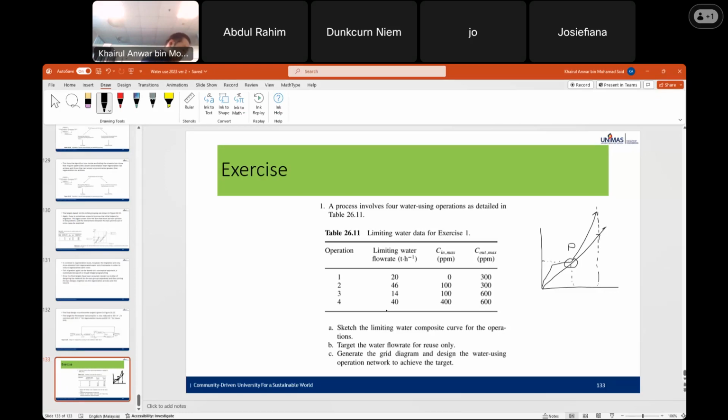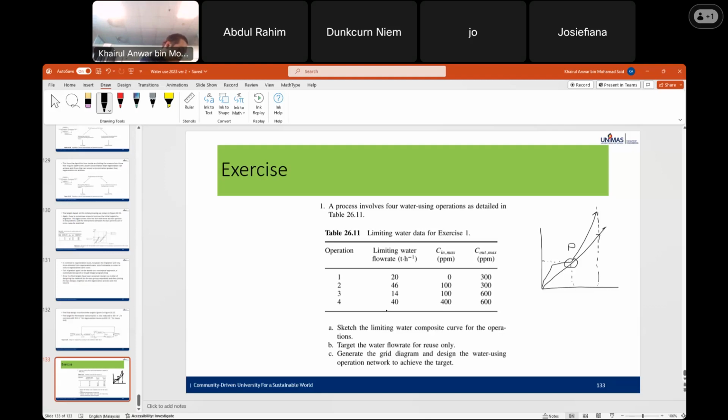Once you draw the streams, you can identify the C in. From the C in, you can start to connect the streams.